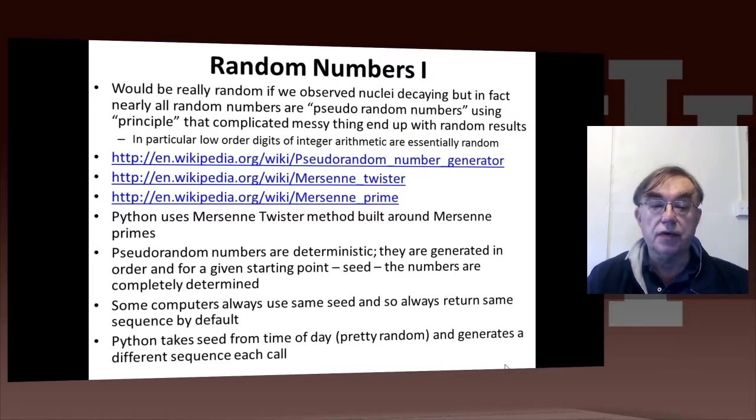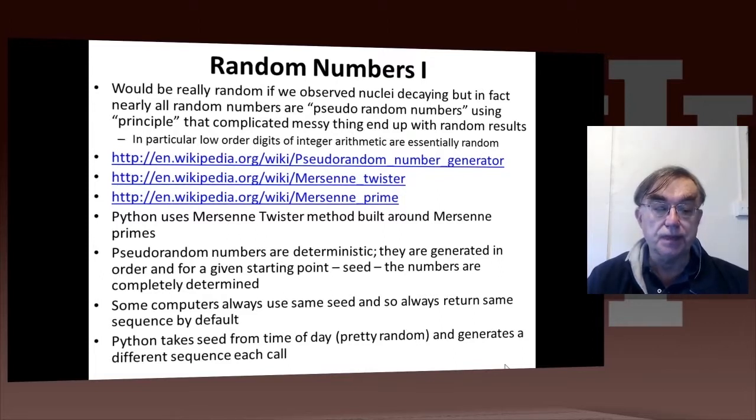Namely, if you look at the time of day to enough accuracy, nowadays it's probably microseconds, but maybe they don't even go to that accuracy, it is a pretty random number, the digits forming that time.